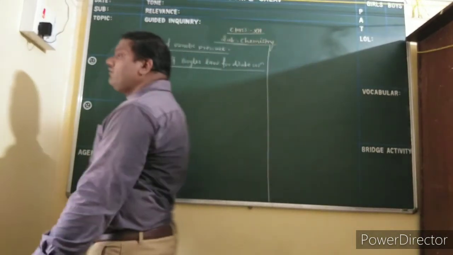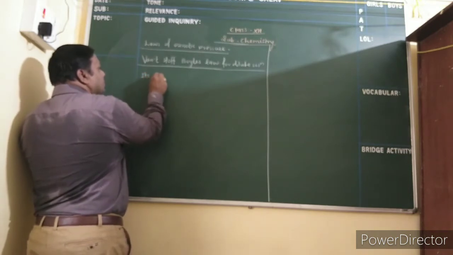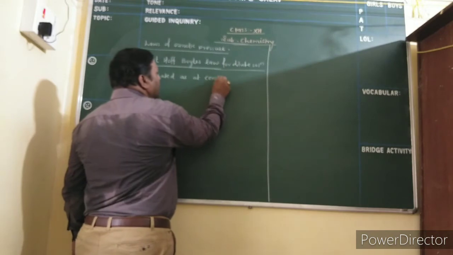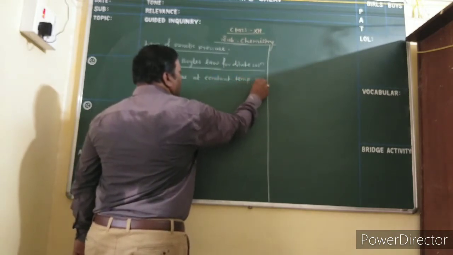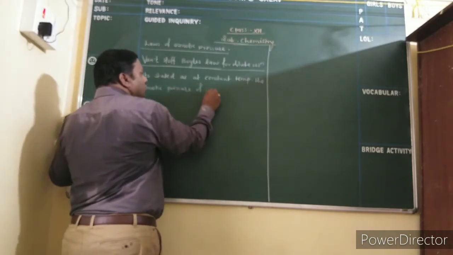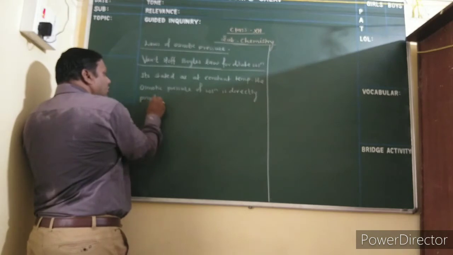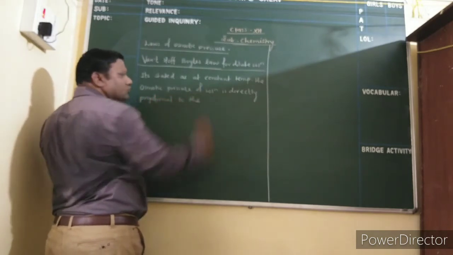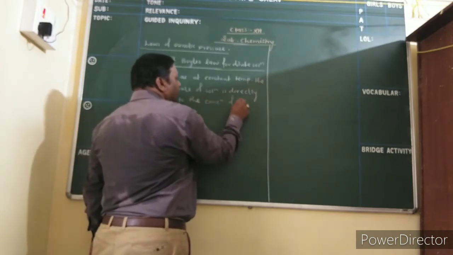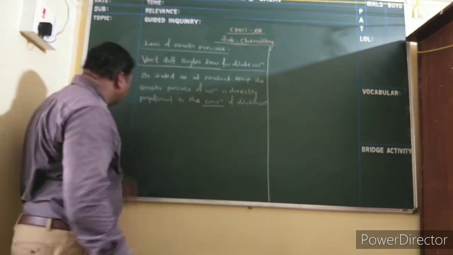So what is the statement of this Van 't Hoff-Boyle's law? It is stated as: at constant temperature, the osmotic pressure of a solution is directly proportional to the concentration of the dilute solution.